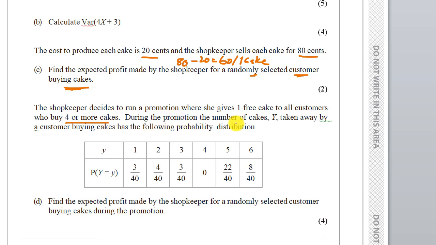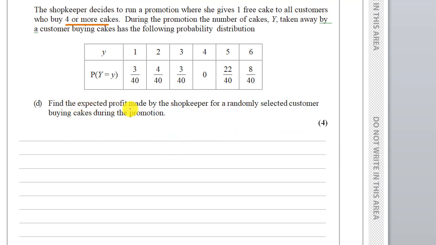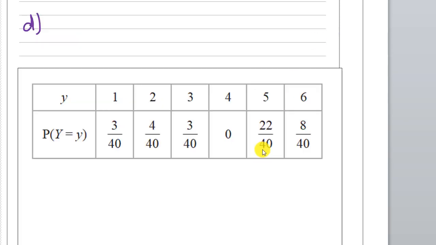During the promotion, the number of cakes Y taken away by a customer buying cakes has the following probability distribution. Now, find the expected profit made by the shopkeeper for a randomly selected customer buying cakes during the promotion. Solve this part of the question.